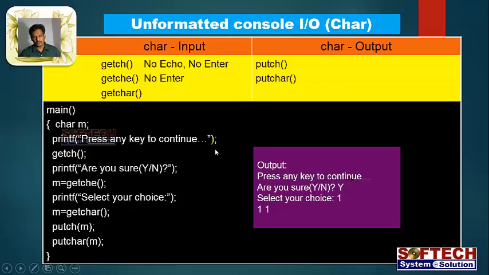So now we want to press a key, press a character through the keyboard. If we press any one character, for example 2 or 3 or K or the enter key, we can press any one button. So this is the input to the getch function. It accepts any one character, but if you press it, that character is not displayed on screen.